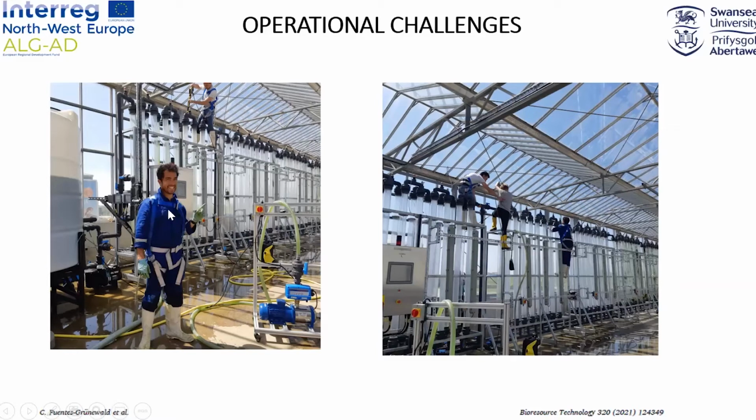In this picture, we move all the culture to the dark tank and keep it running there, and in about 4 to 6 hours we were able to clean everything and then restart the culture again. So it's quite handy, and that is a good point of this reactor.